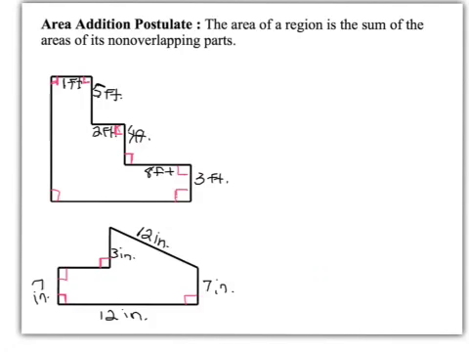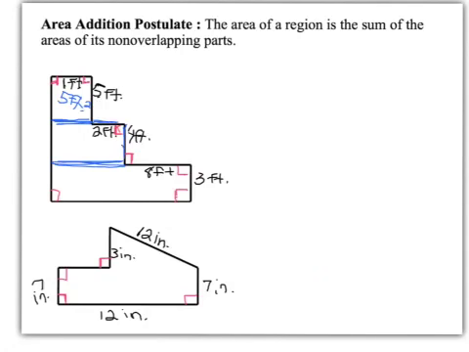So we see here our right angles in this first figure. We're going to divide this into 3 rectangles. The top rectangle is 1 foot by 5 feet, so base times height gives us 5 square feet. The next one, 4 feet by 2 feet. Well, this is 4 feet.